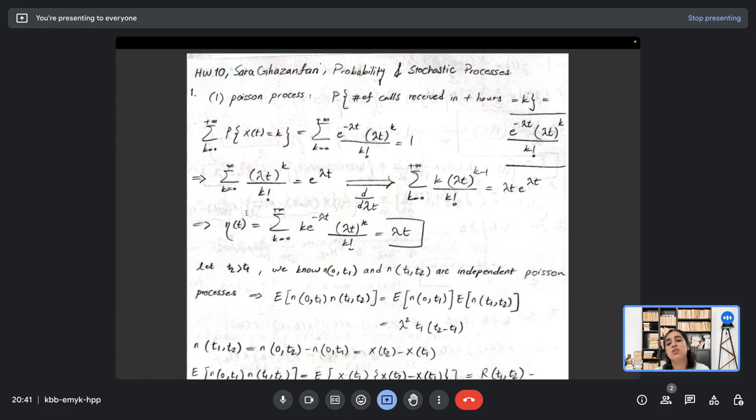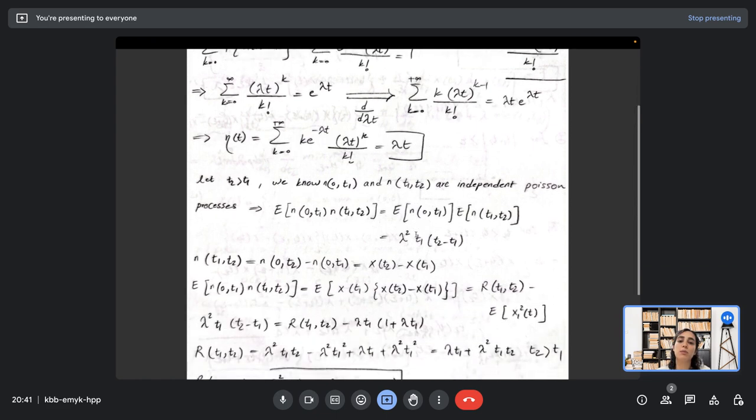Then we take the derivative of both sides with respect to lambda t, and we get to this term. By doing that, we can calculate the mean, which is lambda times t.